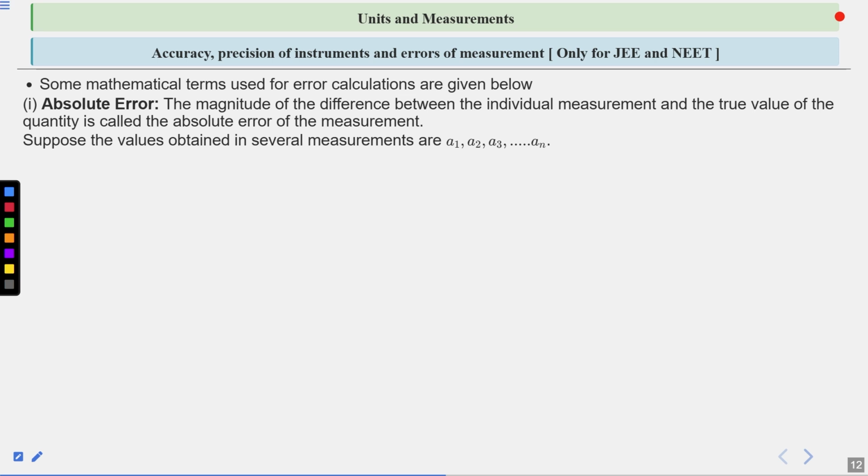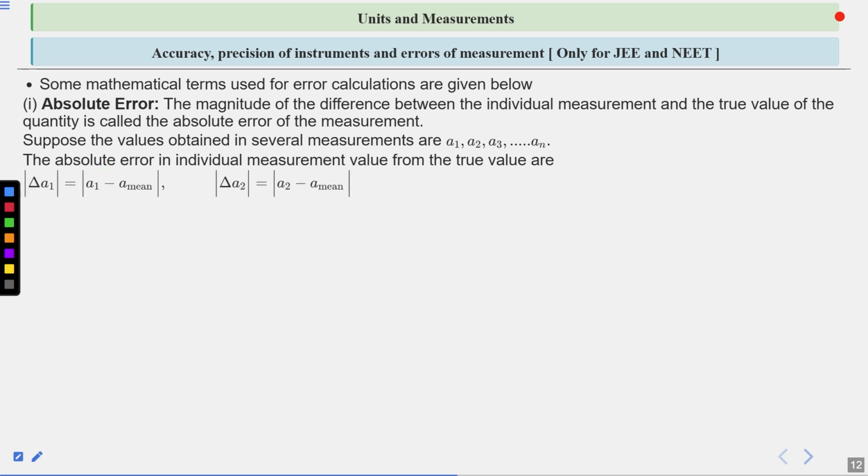Suppose the values obtained in several measurements are A1, A2, A3 and An. The absolute errors in individual measurements from the true value are: |ΔA1| = |A1 − A mean|, |ΔA2| = |A2 − A mean|.